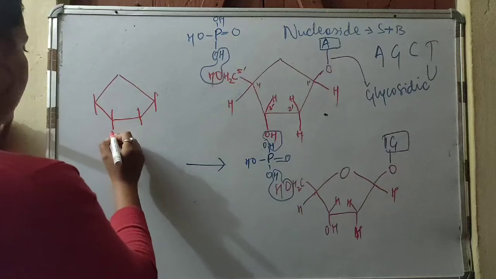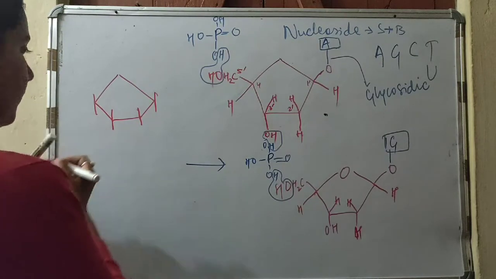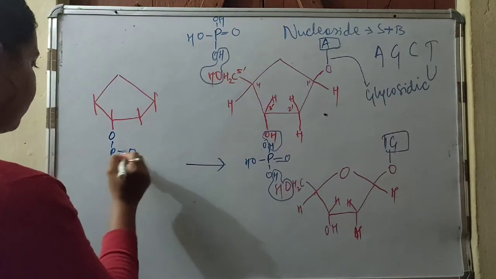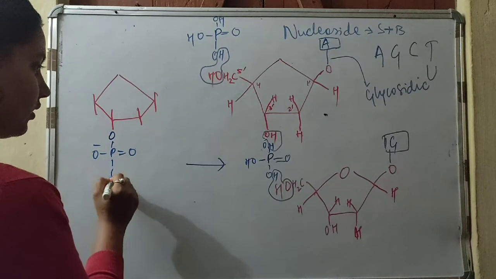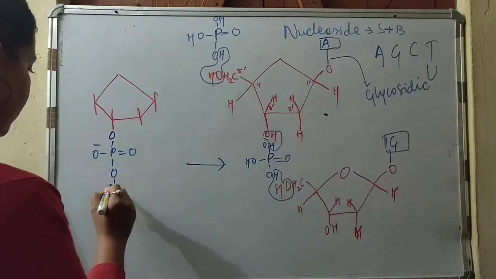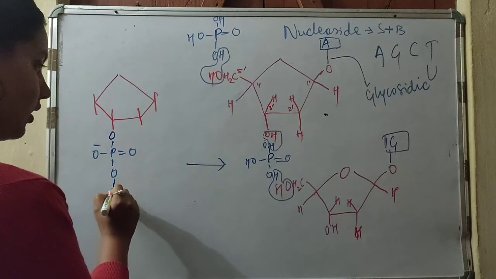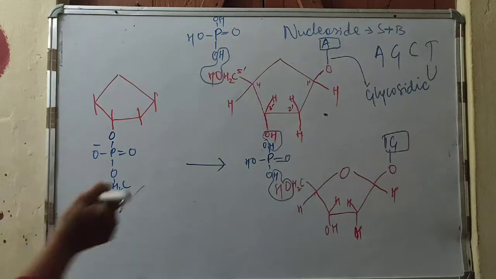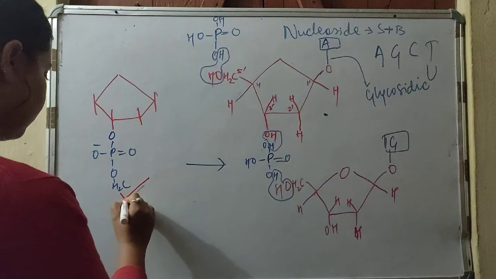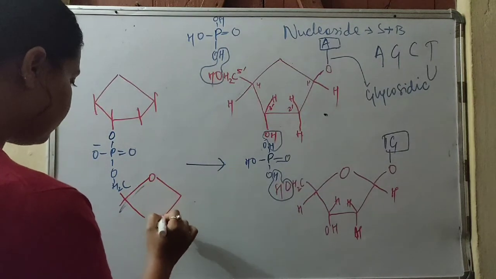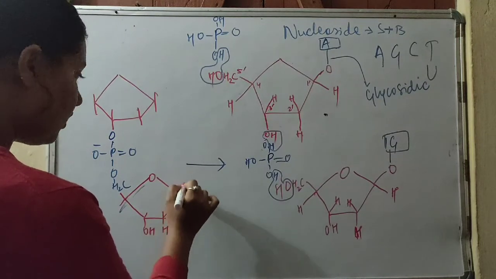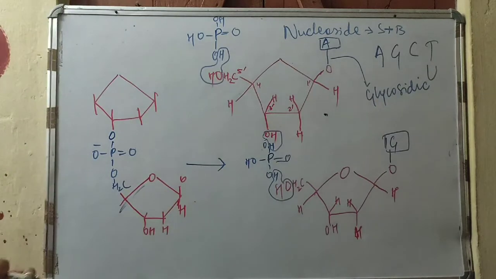All right, for simplification I am drawing it in this way. O, P, double bond O, let's write minus over here, let's write O, then H2C, and then O and H. All right, now can you see the formation of the phosphodiester bond?